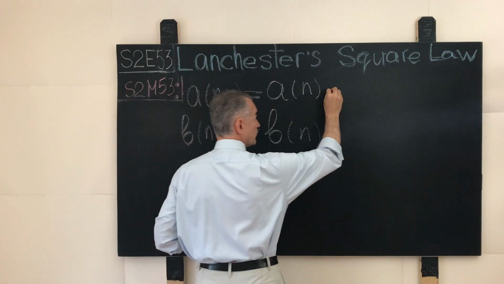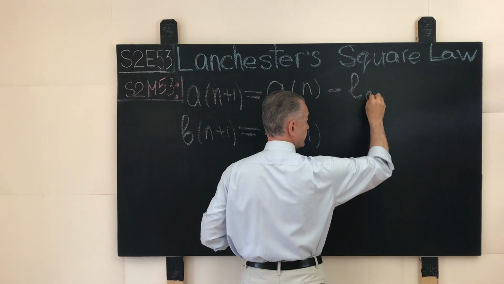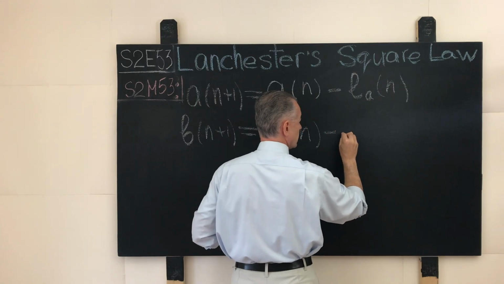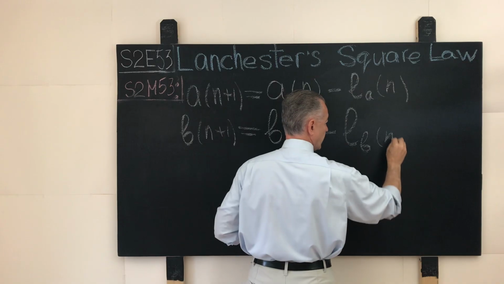And the amount of losses, minus, let's say, L with sub-index A of n, and here it will be minus L with sub-index B of n.